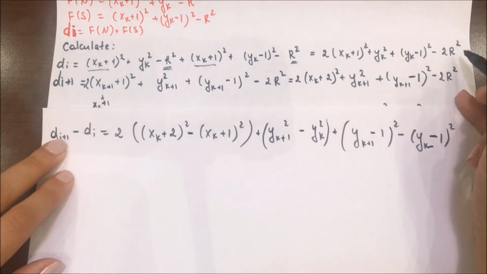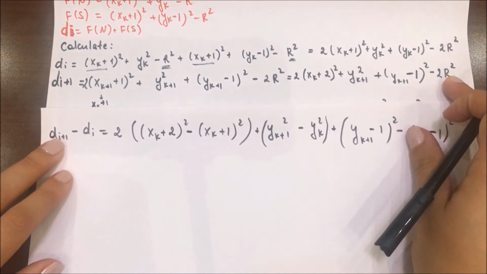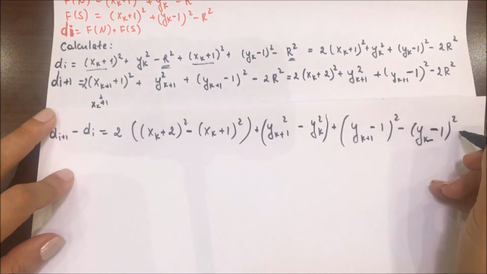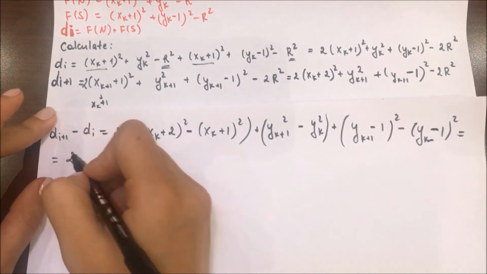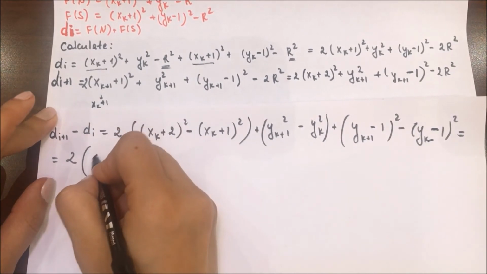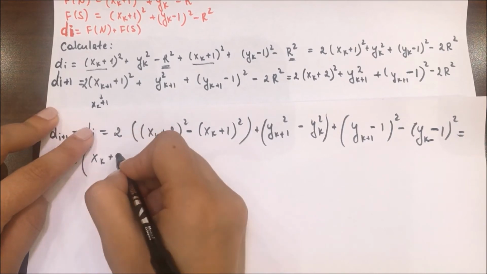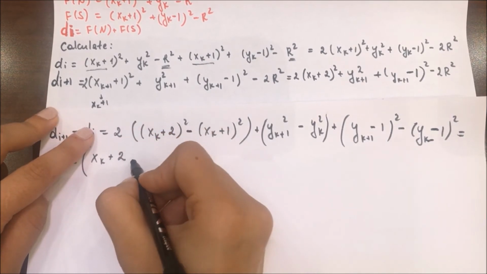And 2r squares will be cancelled out because minus 2r square plus 2r square will be 0. We continue to simplify the equation until we get the simple equation at the end.